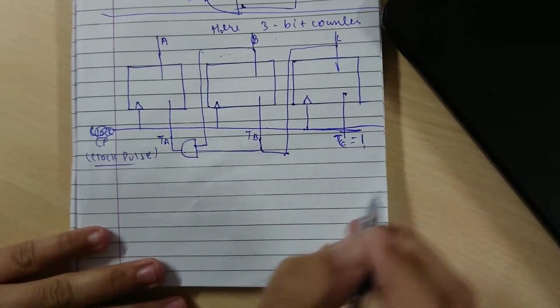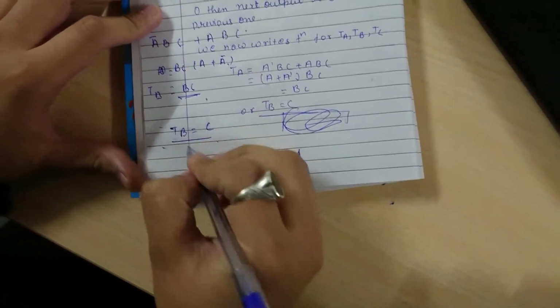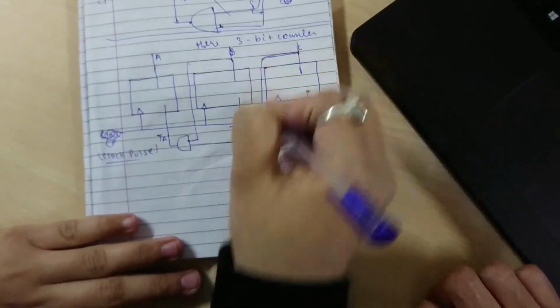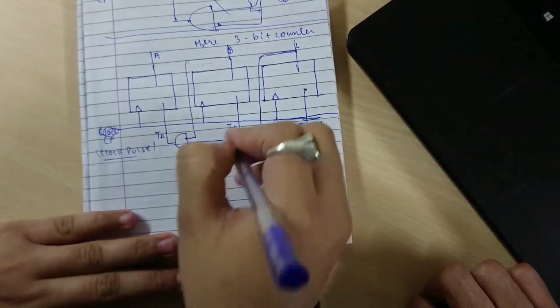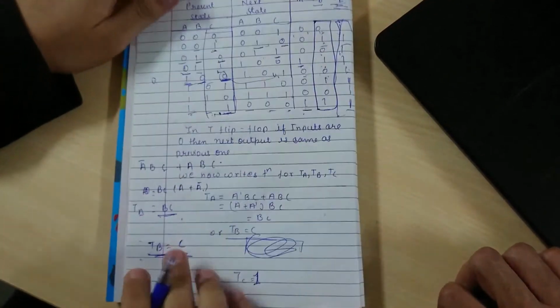Now what is TB? We got TB equal to C, so we just need to connect the wire of C to TB. Now TA is B into C.